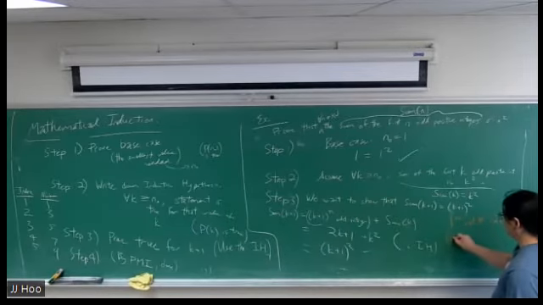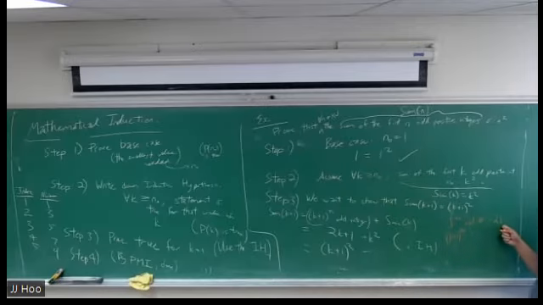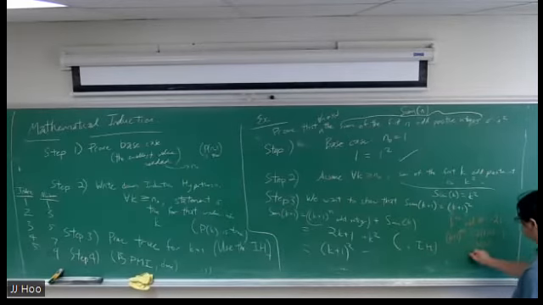So the k plus 1th one is, well, just put k plus 1 in over here. It's 2 times k plus 1 minus 1. Distribute that. That's 2k plus 2 minus 1, which is 2k plus 1, right?